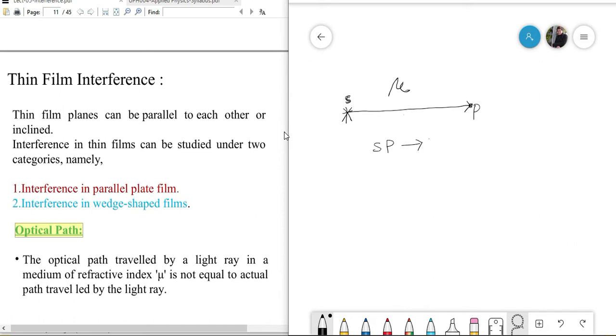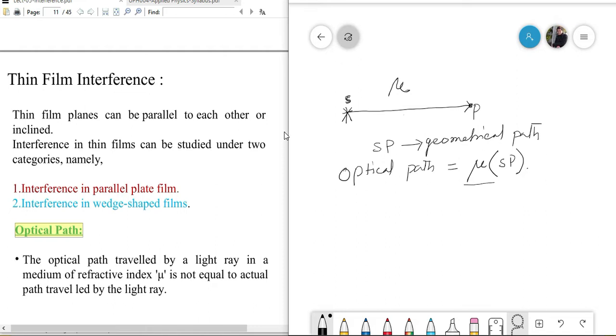The optical path would be mu into the geometrical path, mu into SP. This is the amount of distance that the light has effectively traveled. This is called the optical path. We have to remember this to start with.